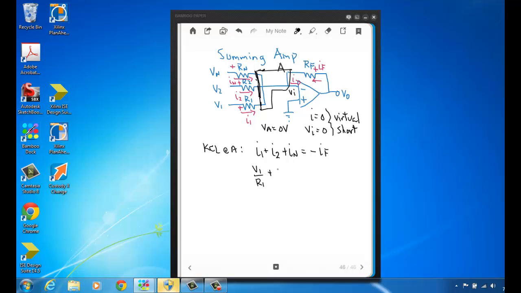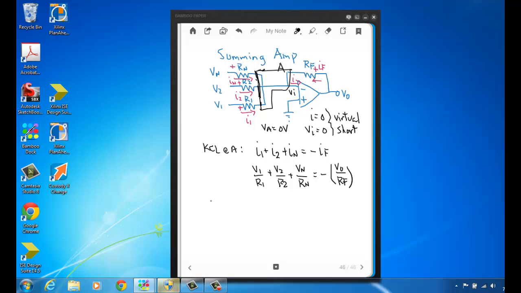And then I2 will be V2 minus 0 over R2. IN will be VN over RN. And then IF is V0 minus VA, which is 0, over RF.